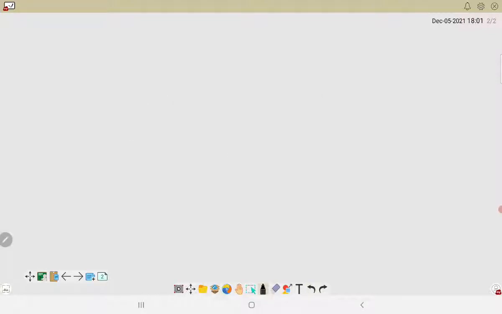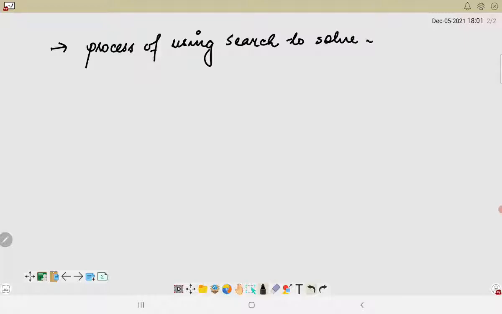So, talking about matching, matching can be defined as the process of using search to solve problems as an application of appropriate rules.